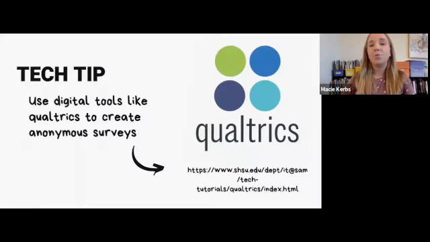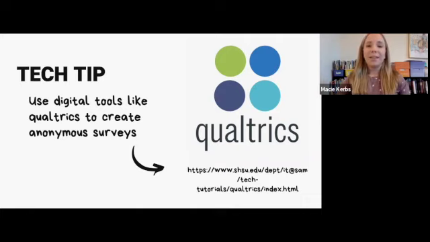I really like tools like Qualtrics. So you probably have heard of Google Forms or Microsoft Forms or even SurveyMonkey. We have access to a paid subscription to Qualtrics that you can have access to as a student. The reason I like this, well, there's a couple of reasons, but the first reason is it's free and it's super user friendly. It's so easy to design, and they have a lot of surveys already created that you can borrow from.